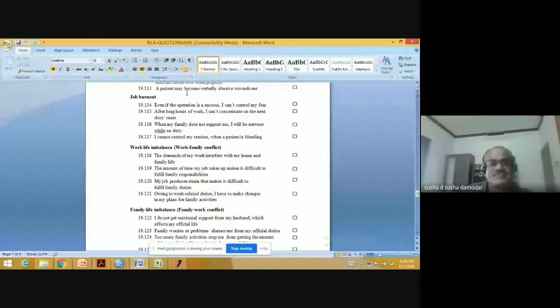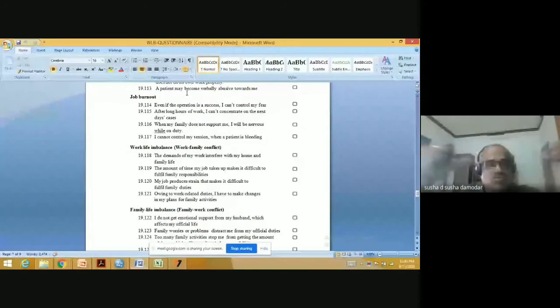What is the statistical method usually applied here? Here, the variables are in nominal scale. Sorry, the variables are in interval scale. For work-life imbalance, 4 statements were used for the measurement. For job burnout, again 4 statements were used for its measurement on a 7-point scale basis. So interval scale is used for the measurement of these 2 variables.